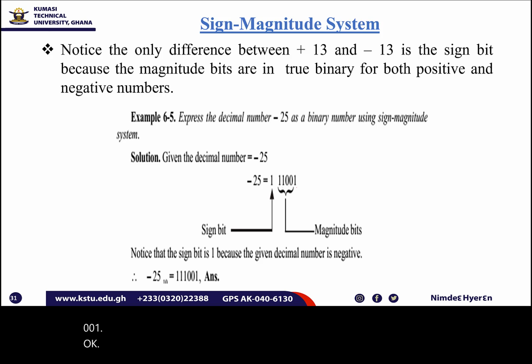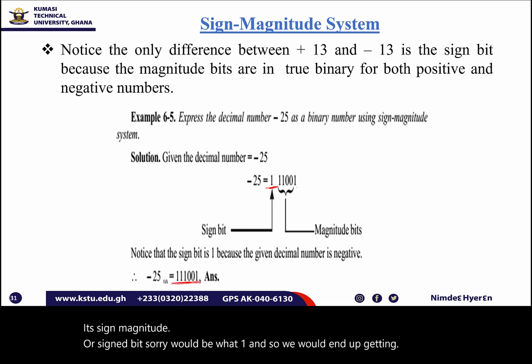Now, because it is negative, its sign bit would be what? 1. And so we would end up getting 1, 1, 1, 0, 0, 1.